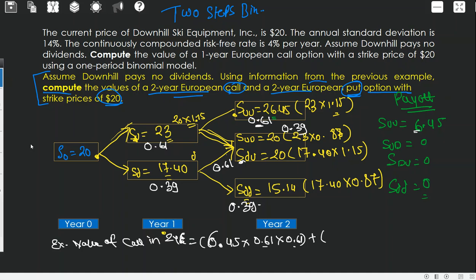Then plus 0 is our next payoff, and the probability will be the first up and then down, 0.61 into 0.39.